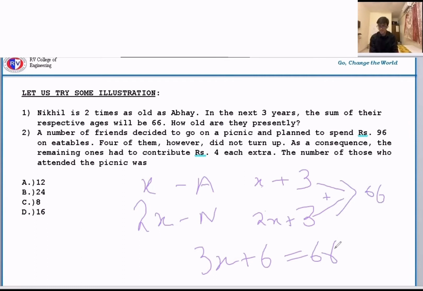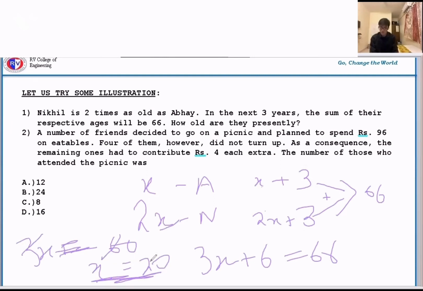Thus 3x plus 6 is 66, so 3x is equal to 60, and therefore x is basically 20, right? So this is Abhay's age, while Nikhil's age would be double Abhay's age, that will be 40. So this is how an arithmetic reasoning question is done.